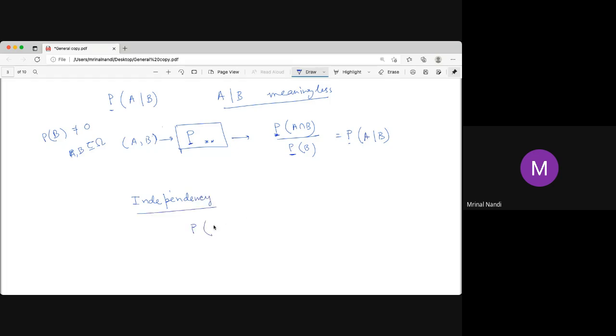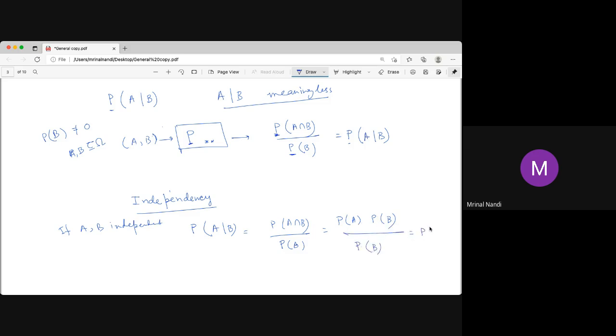So probability of A given B, if A and B are independent, is just probability of A intersection B divided by probability of B. But probability of A intersection B is probability of A times probability of B. This is for independence. If A and B are not independent, we can't say this.